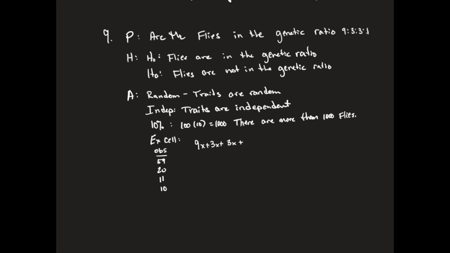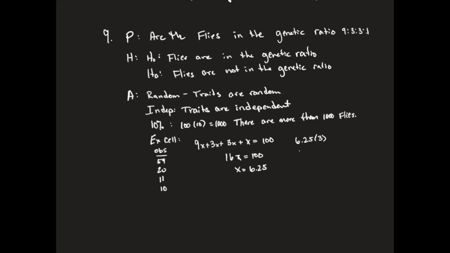It doesn't really matter; if I'm ever given a ratio, this is exactly how I'm going to solve it. If I add them all up and divide by 16, that's going to get me what my actual original 1x is worth. I know that the rest of them are either triple that value or 9 times that original value, and that's how we're going to get our expected cell count. So I'll multiply by 3 and then by 9 to figure out what those values are going to be.